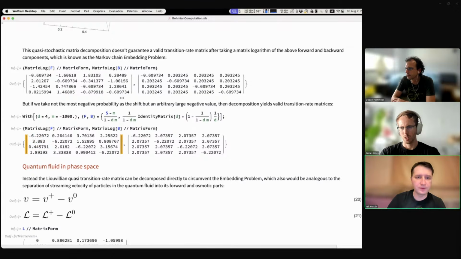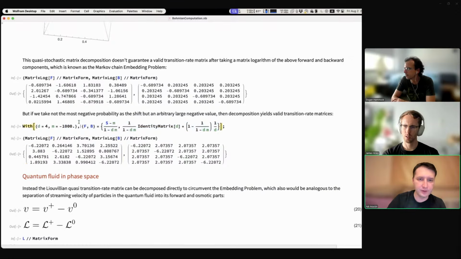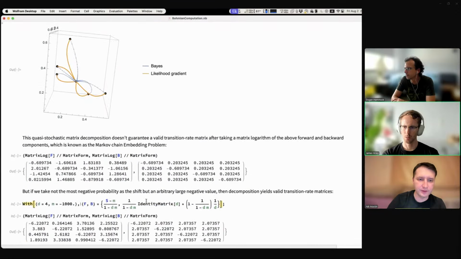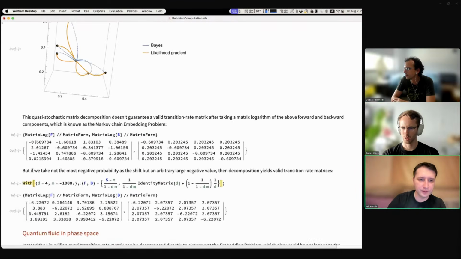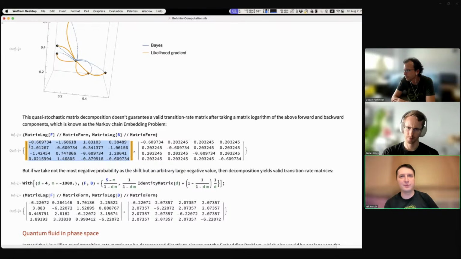No. If you just take the logarithm of the F and B, you still get negative values on the off diagonals. Okay, right. So that means it's still the quasi-transition rate. It's not a classical transition rate. Yeah, so that's what the embedding problem is all about.